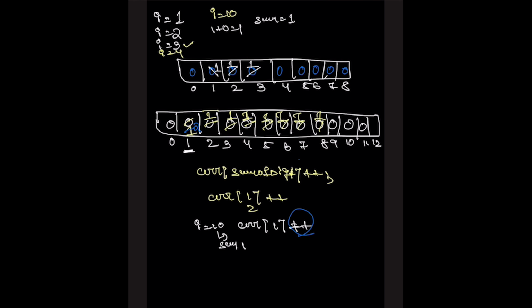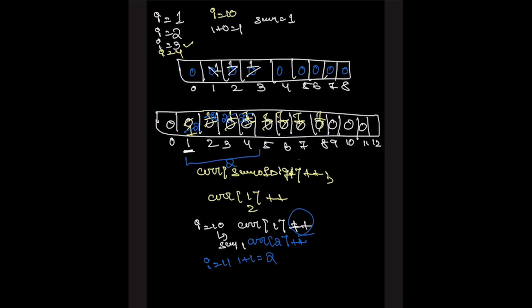Then i equals 11, meaning 1 plus 1 equals 2, it returns 2. Then arr of 2 plus plus updates the value to 2. Now we have these 4 indexes with value 2, and we have to return this.